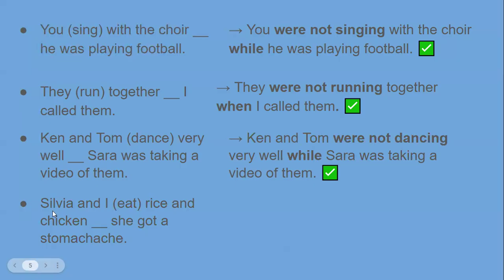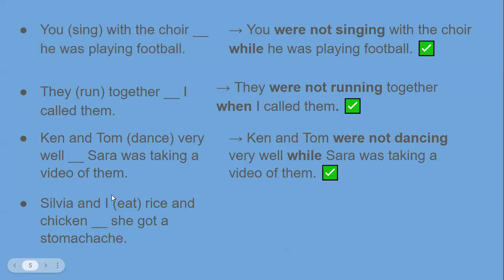Last sentence. Sylvia and I eat rice and chicken. Yet she got a stomach ache. Subject, Sylvia and I, she and I, she and he. I included myself in this sentence. I'm part of the subject, and therefore it means the collective subject is we.